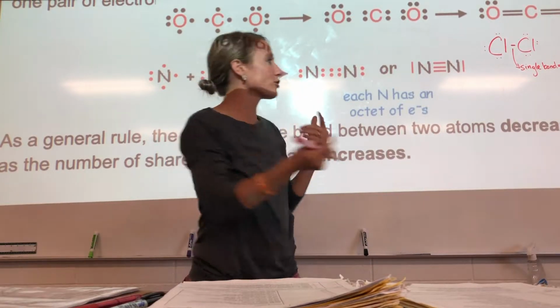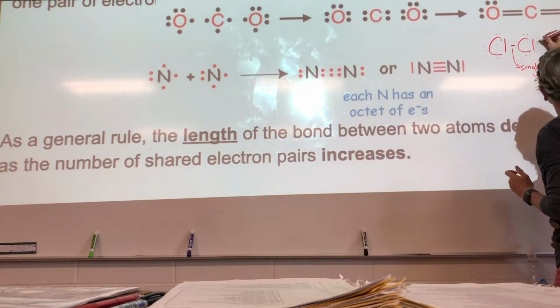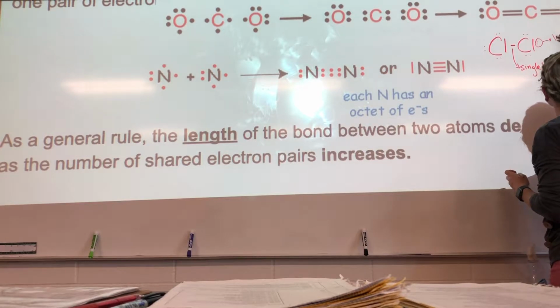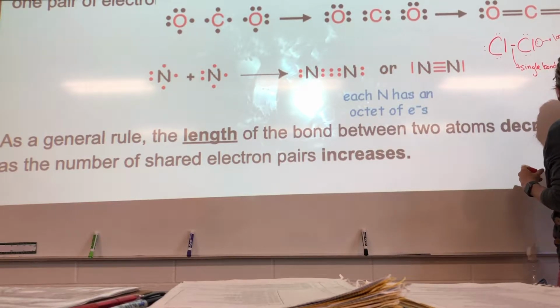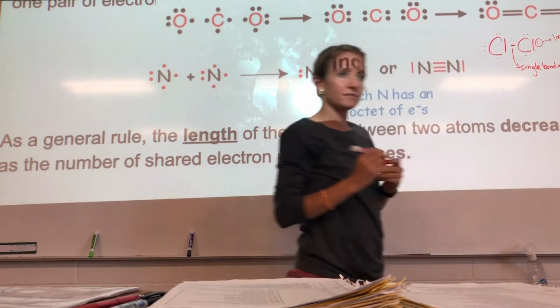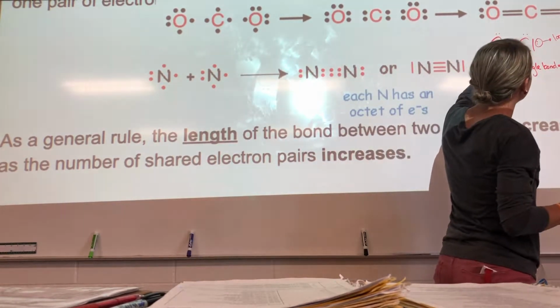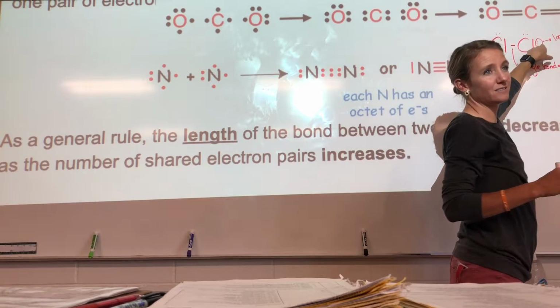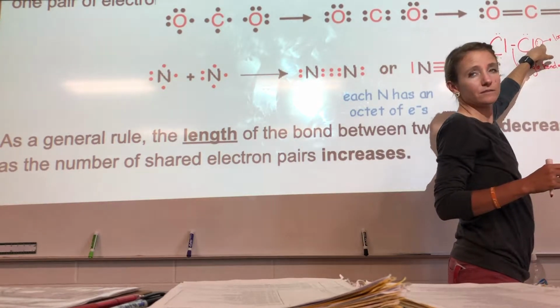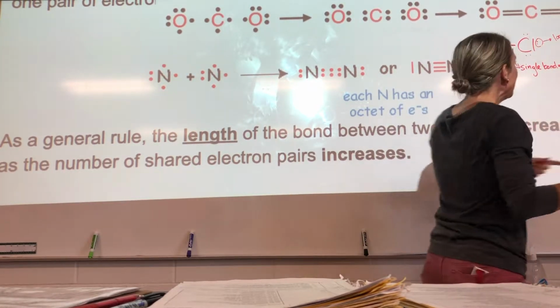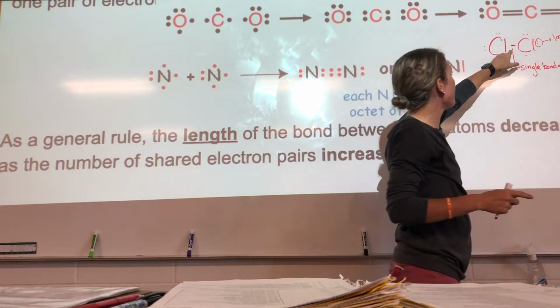The ones that we draw as dots are what we call a lone pair of electrons. So for chlorine, we would say it has 1 bonded pair and 3 lone pairs for each of them. Okay, so this is a single bond.